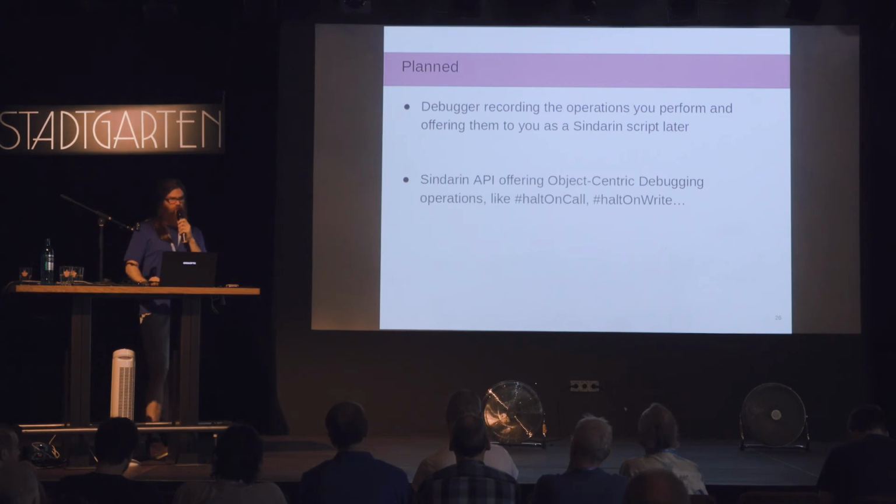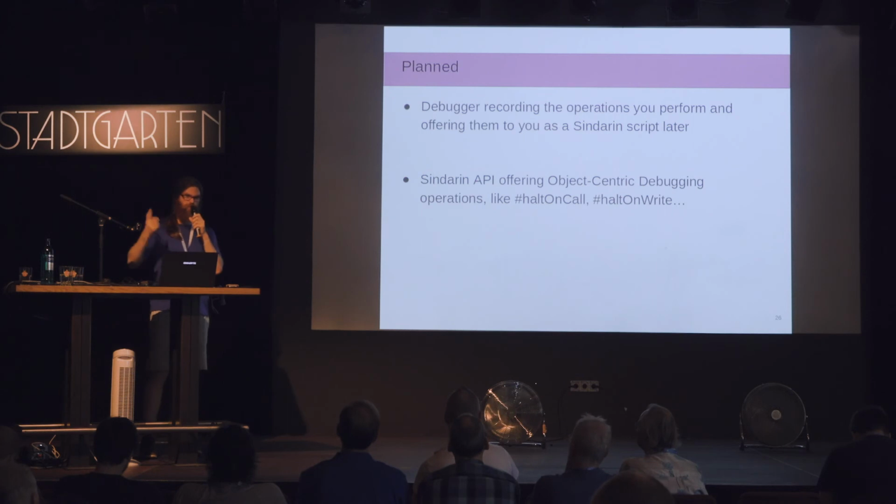We want to add object-centric debugging tools to the Sindarin API, and we also have a nice way with Sindarin to navigate an execution by stepping and to automatically capture objects to which we will apply the object-centric operators.